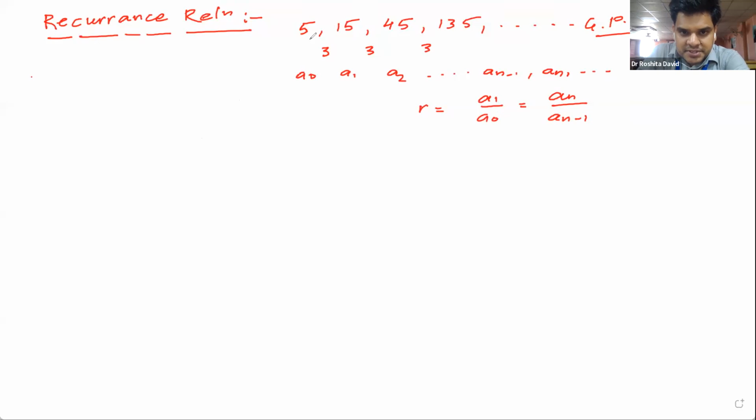So for this sequence, we can create a relation. We are getting A1 after multiplying by 3 here. Suppose I take r as the common ratio, so I can write An is equal to r into An minus 1 for n greater than or equal to 1.